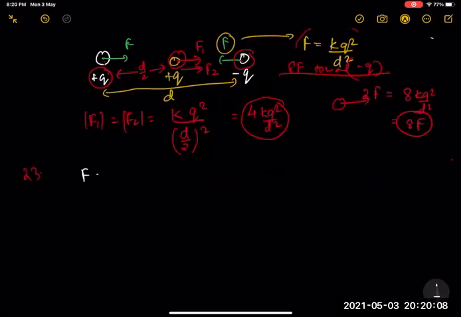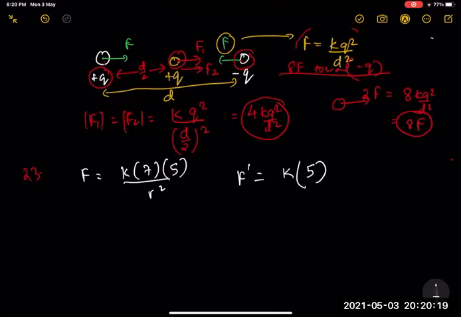See, the F is K 7 5 by R square. The new F dash is K times. The new charge on 7 will be 5, because when you add minus 2 to 7, it is plus 5. And when you add minus 2 to minus 5, it becomes minus 7.